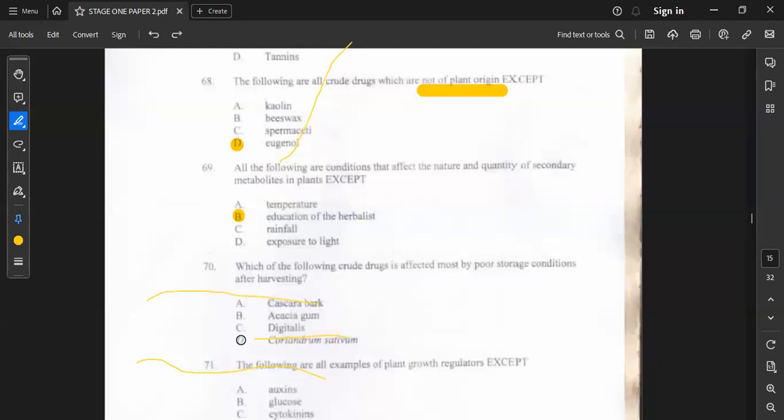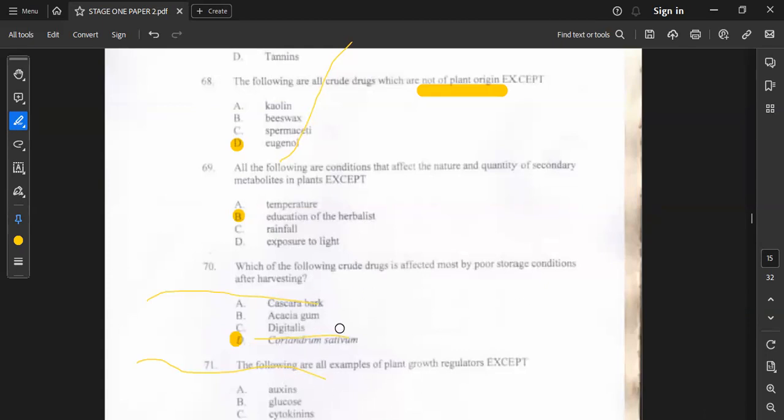Cascara bark gives us cinnamon, right? Okay. Please explain why D, yeah?